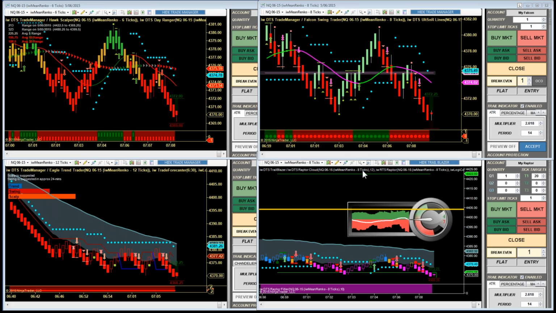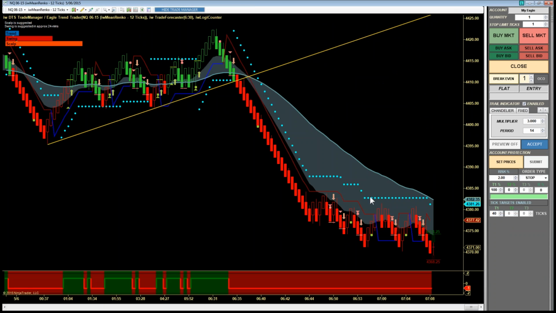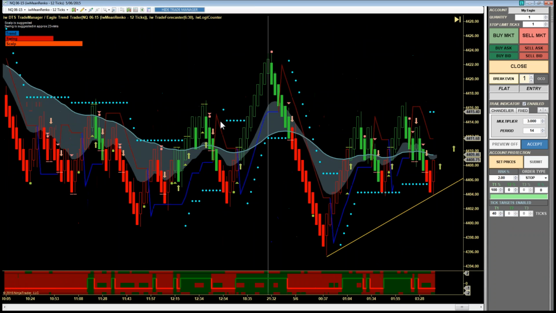Okay, and now we've got the Eagle Trend Trader. This tool has been designed to pick up on trending environments. So you can see that through here there was very little trend.